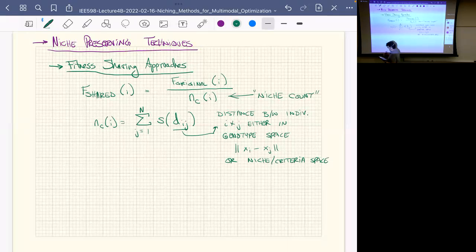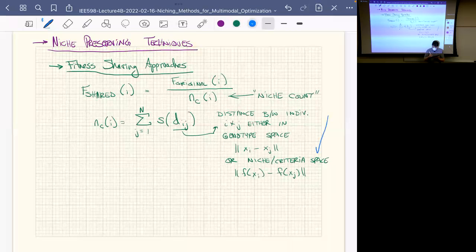In order to calculate it in criteria space, it's basically just calculating f of x_i minus f of x_j, where I'm just saying single objective, right? So either of these is a possibility. Generally the criteria space is going to give better performance, or rather better outcomes, but it's often simpler to just calculate the distance in the decision space.